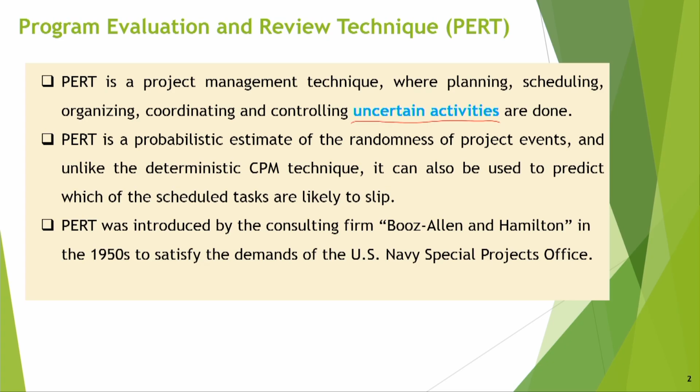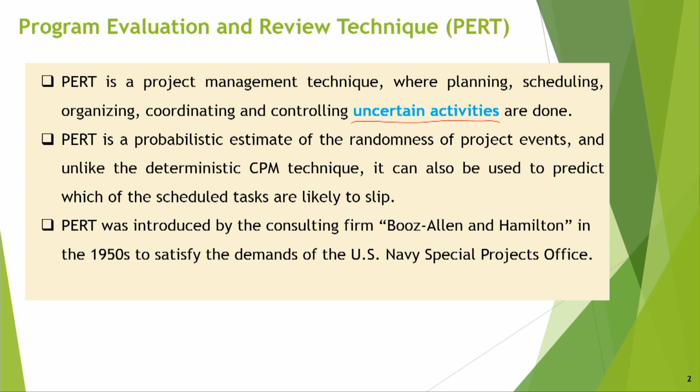PERT is used for those types of projects which are new in nature, and therefore we may not know the exact time estimates, whereas CPM can be applied even to routine projects. PERT is a probabilistic estimate of the randomness of project events, and unlike the deterministic CPM technique, it can also be used to predict which of the scheduled tasks are likely to slip.